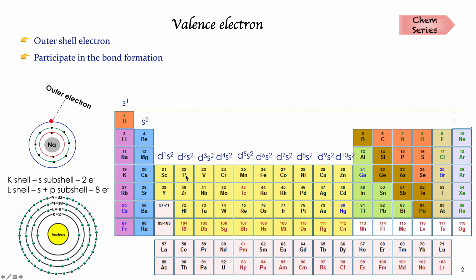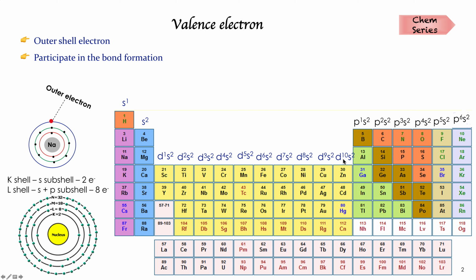Coming to D block elements, the outer shell configuration starts from D1S2 for scandium and yttrium, D2S2 for the titanium group, D3S2 for the vanadium group, D4S2 for the chromium group and so on. Coming to P block elements, P1S2 for the boron group, P2S2 for the carbon group, P3S2 for the nitrogen group, P4S2 for the oxygen group and so on.